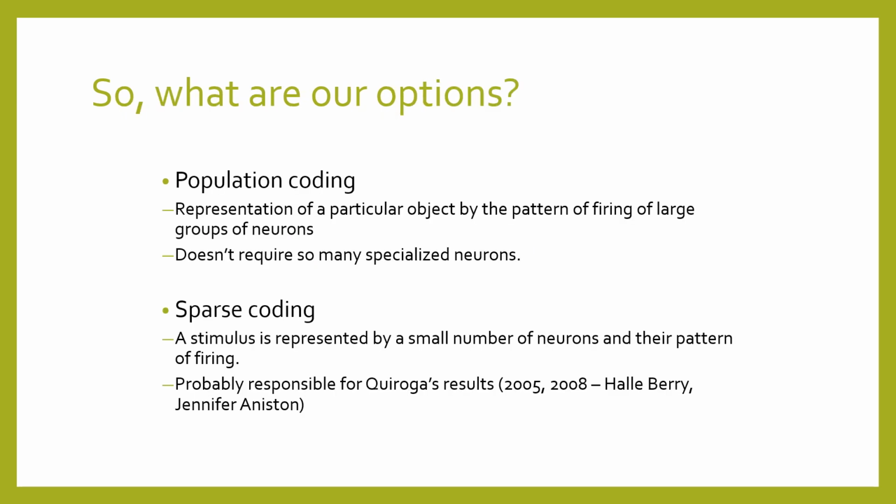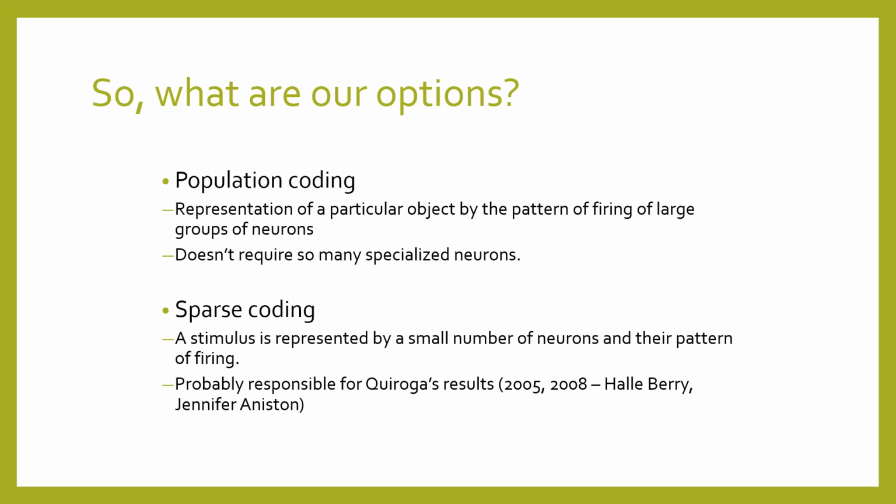So what are our options? One option is population coding. What this would mean is that a particular object is represented by the pattern of firing across a population of neurons.